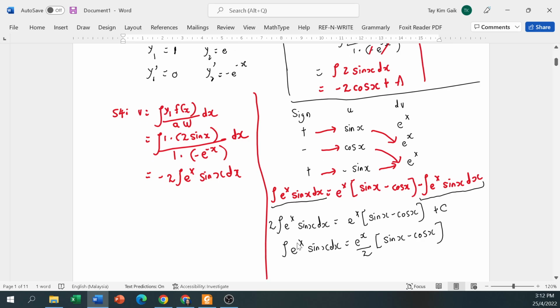Here we have negative 2 divided by 2, so the result put back here is negative e^x sin x minus cos x plus b, so simplify it and you get negative e^x sin x minus cos x plus b.